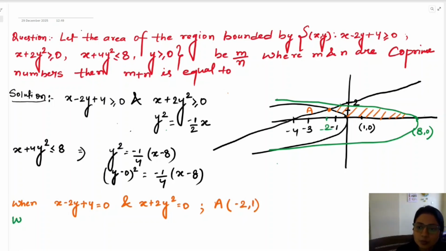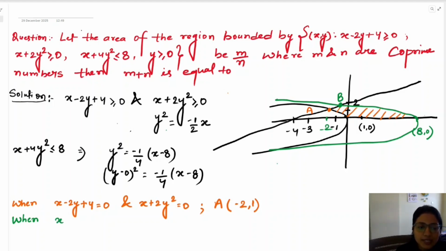There is one more point of intersection, point B, that we also need for doing the integration. We get point B when the second parabola, the green parabola, is intersecting the straight line.